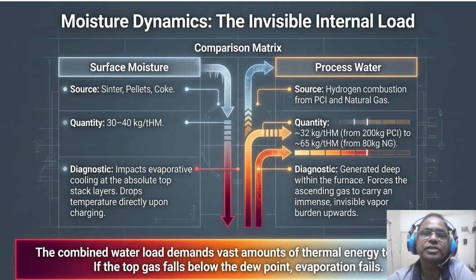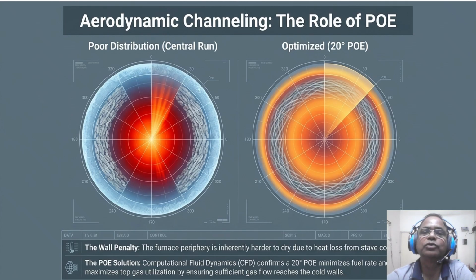So proper gas distribution, especially in our context, we have to take our defense first. So coming to the aerodynamic channeling part. So the role of, I mean comparison of these two heat maps. As you can see, the central run on the left leaves the wall cold, the wall penalty.